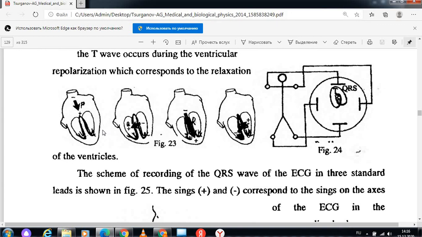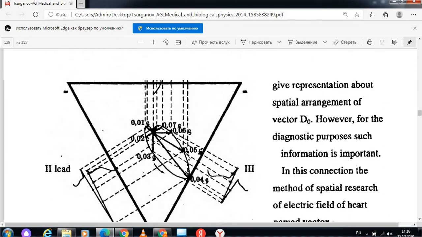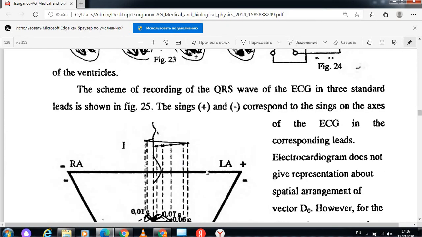This scheme of recording of the QRS wave of the electrocardiogram in 3 standard leads is shown on figure 25. The signs plus and minus correspond to the signs on the axis of the electrocardiogram in the corresponding leads.